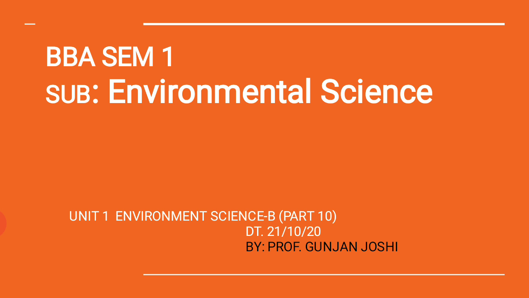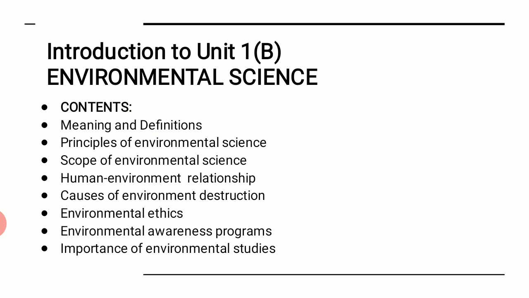We are dealing with unit number 1, and in the last lecture we have already finished with the environment and its introduction as part A. Today we are to start with part B of unit 1. In the very introductory sessions I told you that the whole syllabus has been divided into 4 units, each with A and B parts.